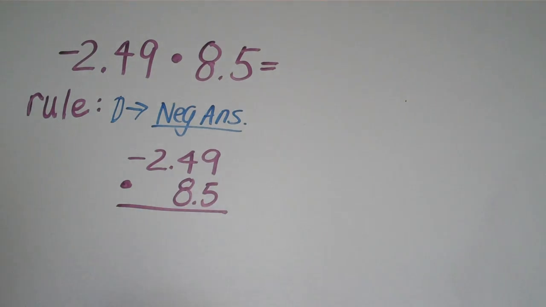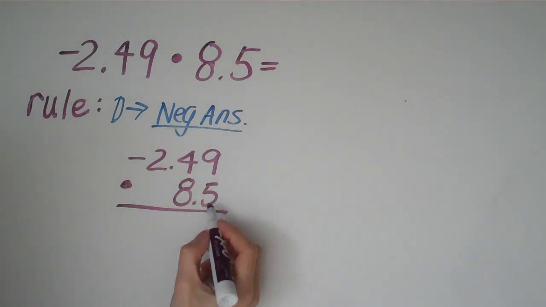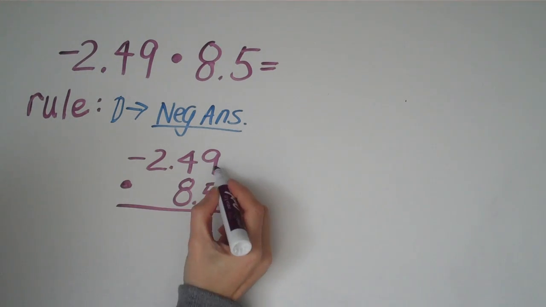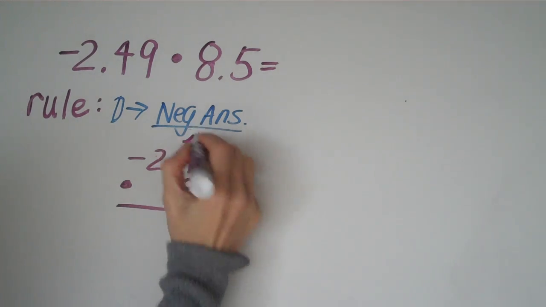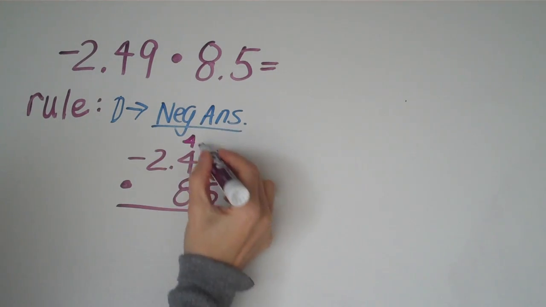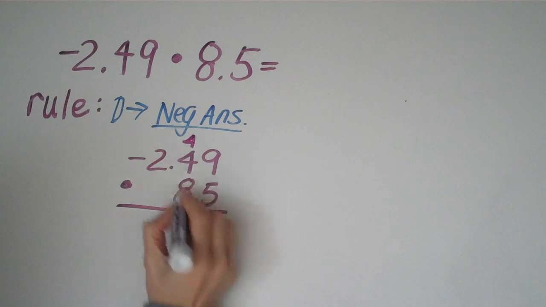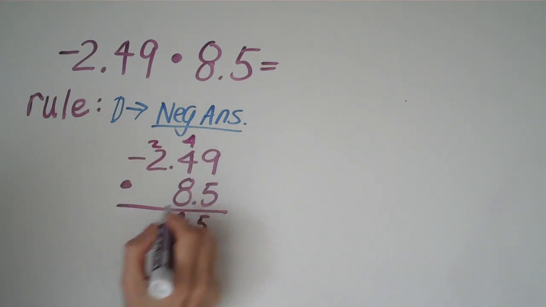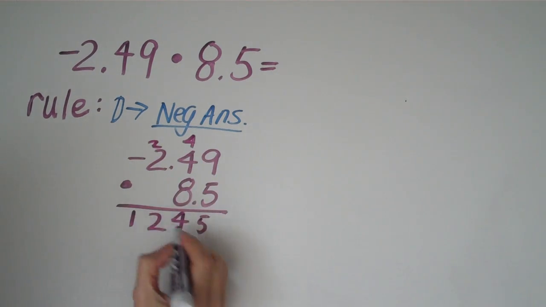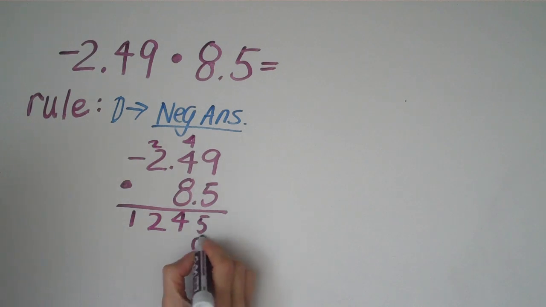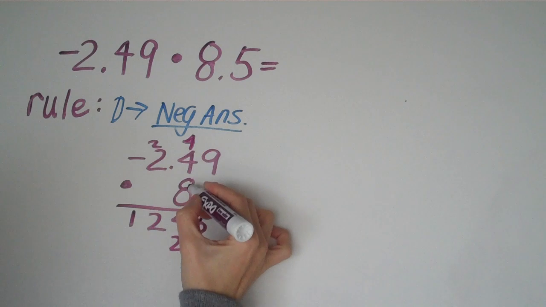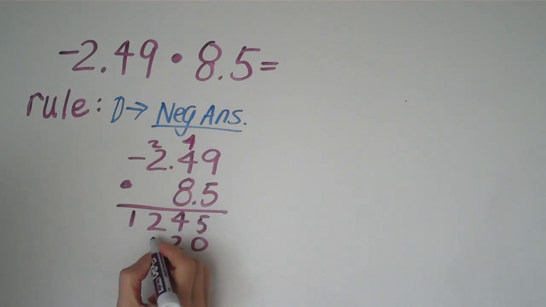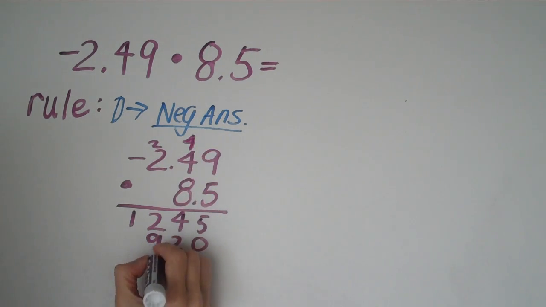So let's see if we can fit this all in the screen. Basically, just straightforward multiplication. You get 9 times 5 is 45. Carry the 4. 4 times 5 is 20, plus 4 is 24. Carry the 2. 2 times 5 is 10, plus 2 is 12. I'm going to put down my 0. 8 times 9 is 72. Carry the 7. 8 times 4 is 32, plus 7 is 39.